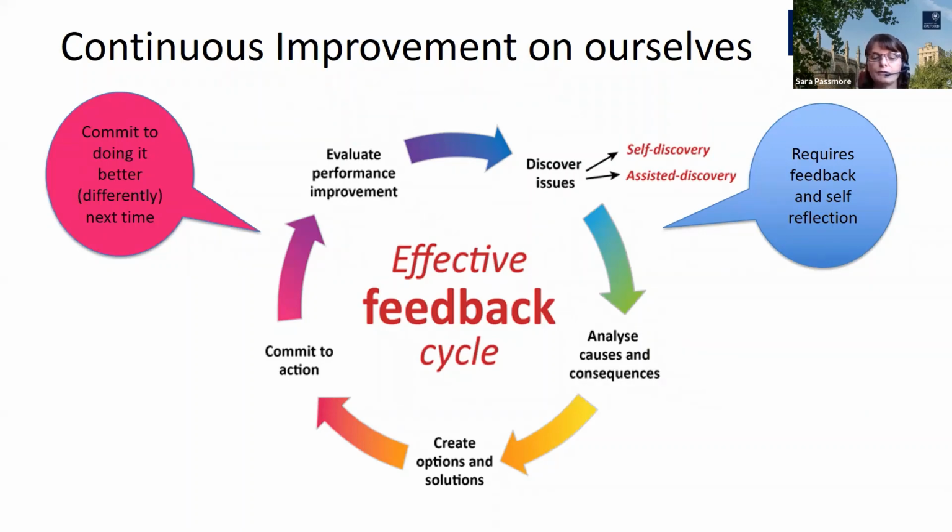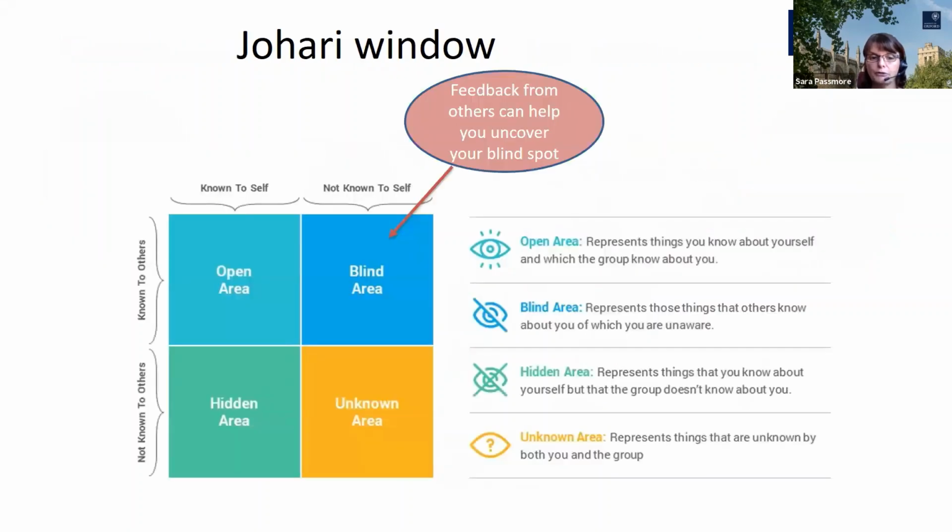Now, giving and receiving feedback is a course in itself, and there are many good resources online to help guide us on this. So we're not going to go into that topic in particular today. But I'd like to draw your attention to something I found really useful in thinking about feedback. And this is the Johari window.